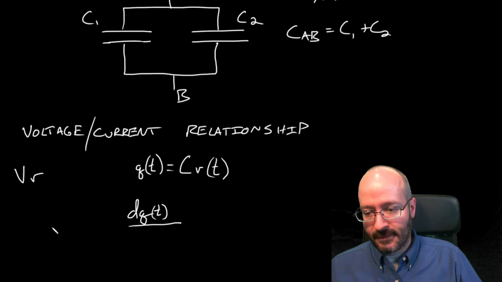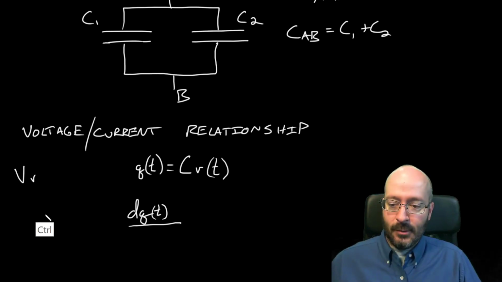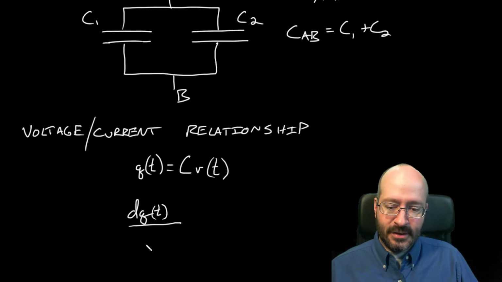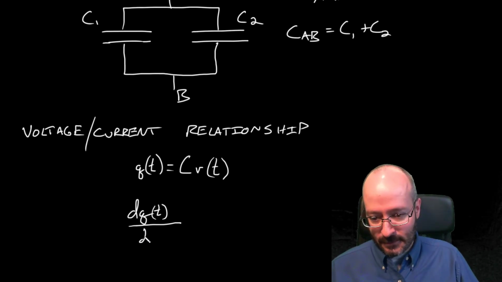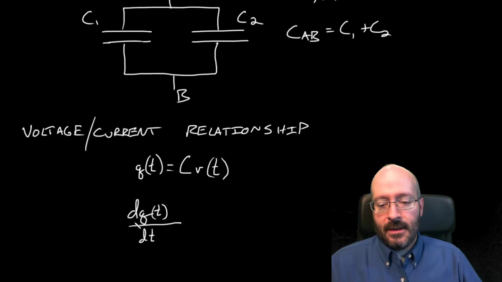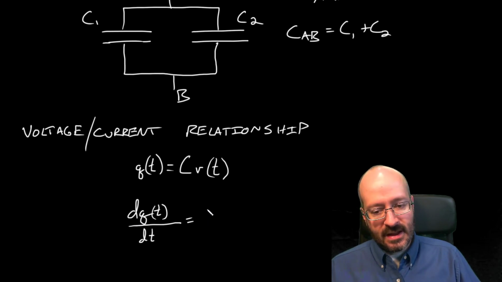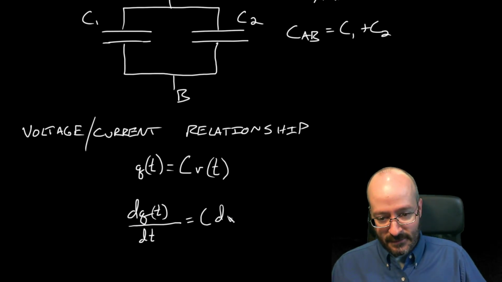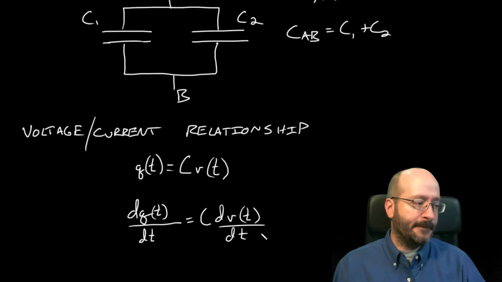But if you just stick a little tail on it, that one's lowercase. So I'm going to take the time derivative of both sides, and C is a constant, so that gets left out of the derivative, and we have C dv dt on the right hand side.